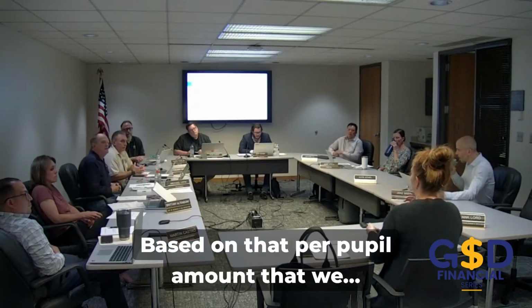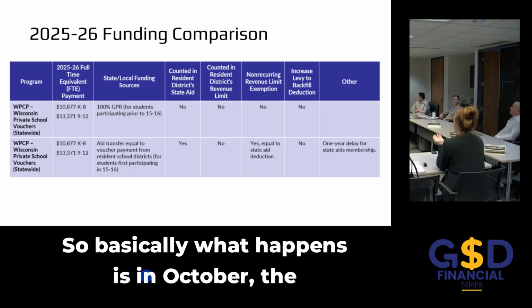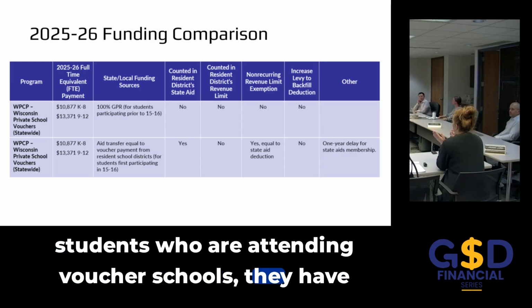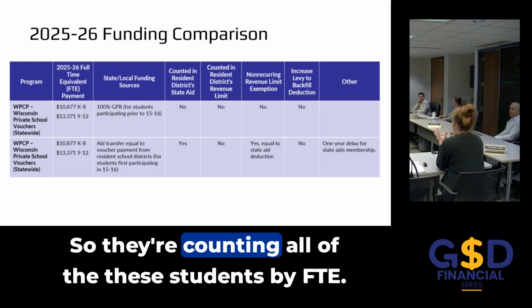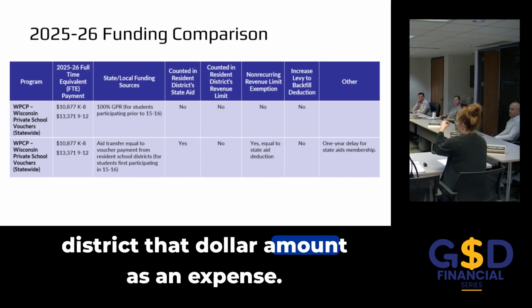Yeah, so based on these dollar amounts, what happens is in October, the Department of Public Instruction, because students who are attending voucher schools have to apply through the Department of Public Instruction, they're counting all of these students by FTE, applying it to that number, and then giving the district that dollar amount as an expense.